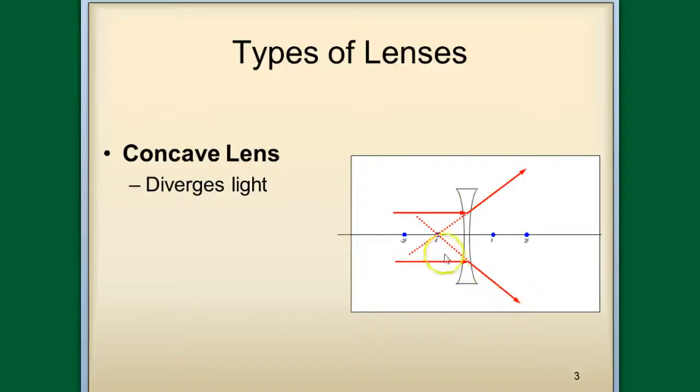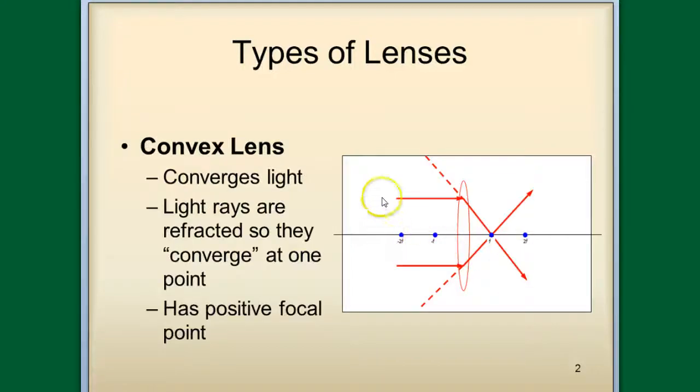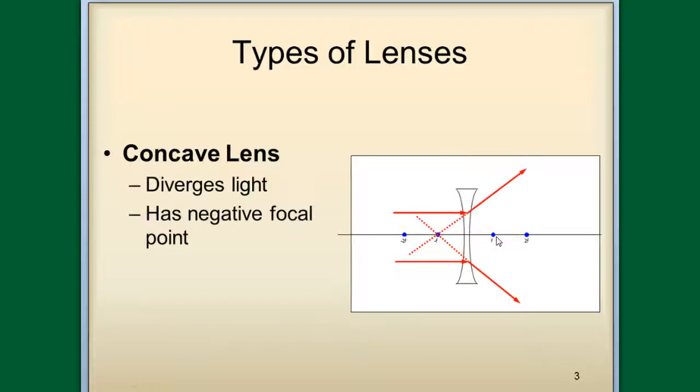And then of course, remember, we've got virtual rays. The virtual rays are what are going to come together back here and form a virtual image we're going to see. Concave lenses have a negative focal point. Remember, with a convex lens, positive focus meant that the object was here and the focus was on the opposite side. With a concave lens, the object is here and the focus is on the same side, right?